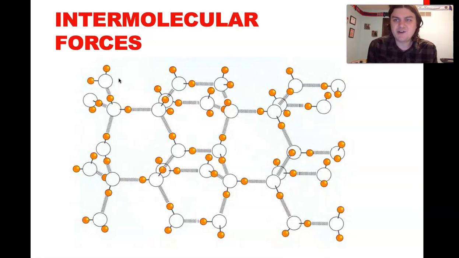So next time you put ice in water, just look in your cup, right? The reason why ice is less dense than liquid water is because of the hydrogen bonding present in this tetrahedral arrangement. And you can see the hydrogen bonds in this image by the little dashed lines connecting different molecules here.